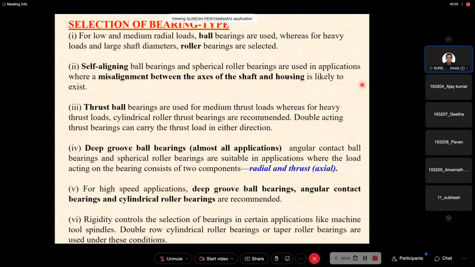See here, for low and medium radial loads, ball bearing is used, whereas for heavy loads and large shaft diameter, roller bearing is suggested. You may expect one-mark questions on this in objective and even competitive exams.